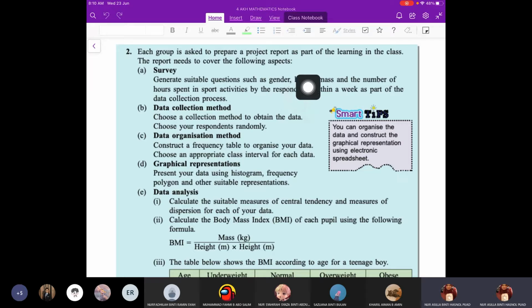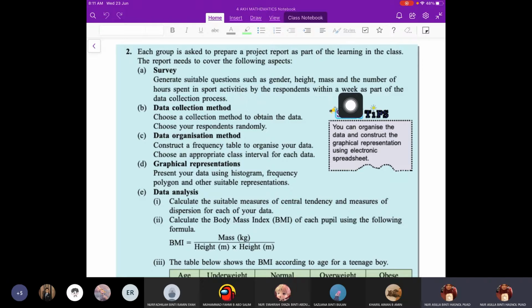So since ni pasal obese dan ada kena mengena dengan gender. So kenalah ada gender first. Height, mass ni untuk kita calculate BMI. And the number of hours spent in sport activities supaya kita boleh bila waktu finding so I can relate kita punya BMI with our gender as well as activities done by the respondents.